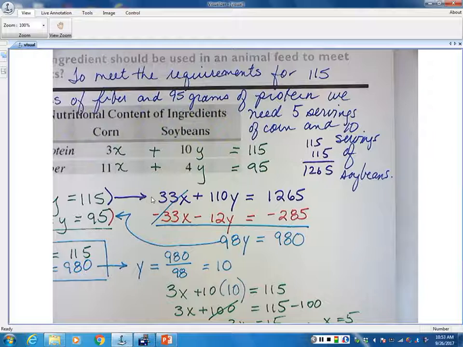When you're asked a question in English, you need to answer it in English, not in x equals 5 and y equals 10. Okay? Your boss is just like you. They don't like algebra either. They don't want to know what x and y are equal to. They want to know what the answer to the question is.